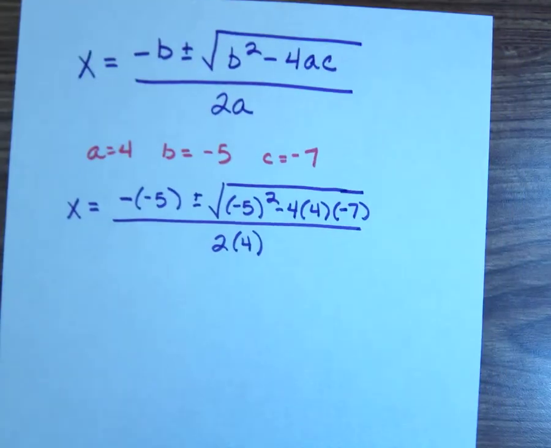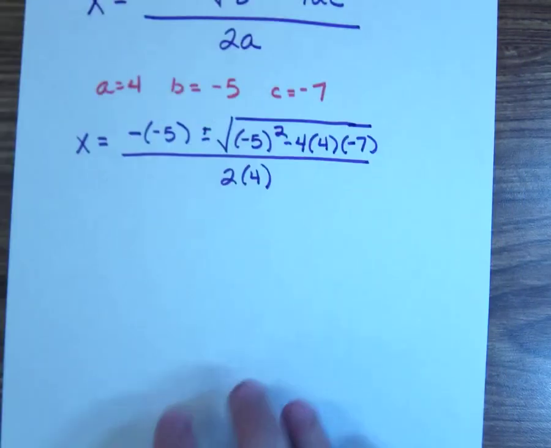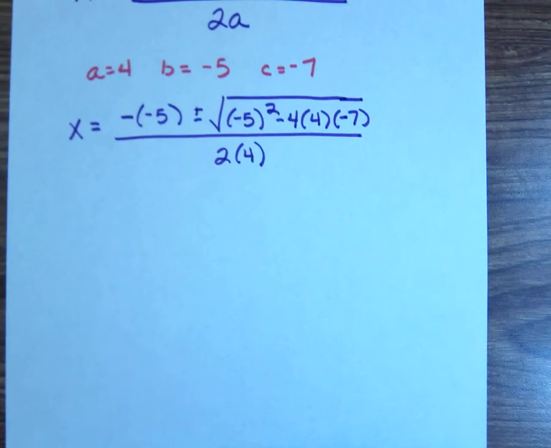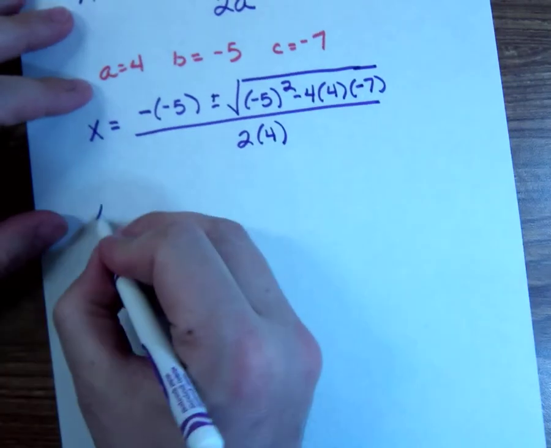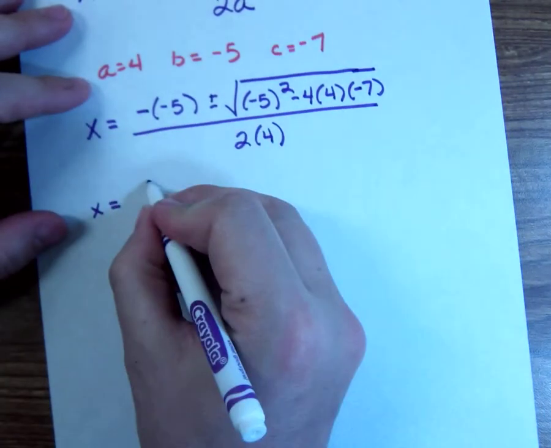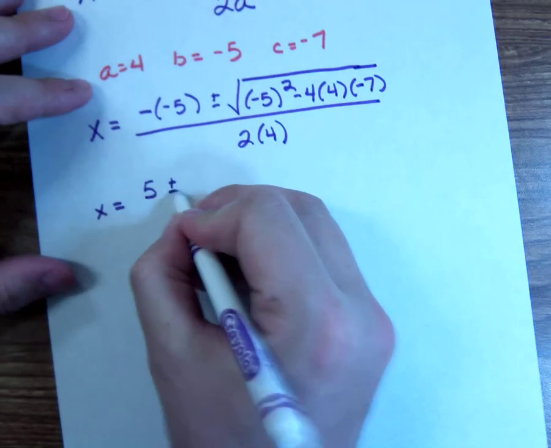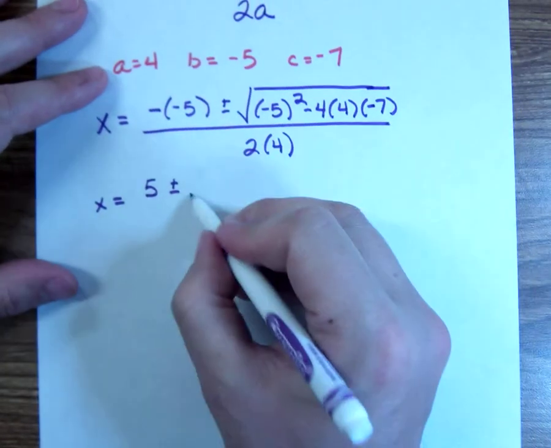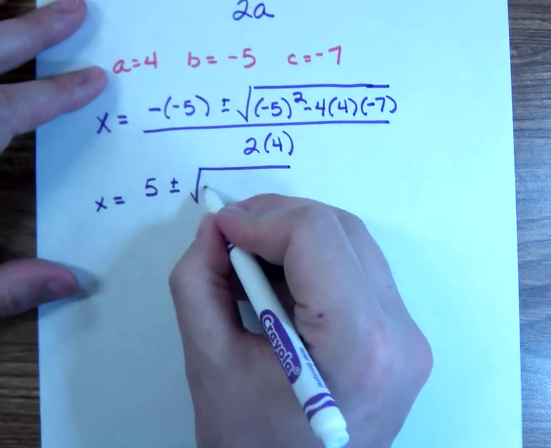This is kind of a pain in the butt, but if it makes you feel better, it's about to get way, way worse. So, x equals, negative negative 5 is 5, plus or minus the square root of, negative 5 squared is 25.